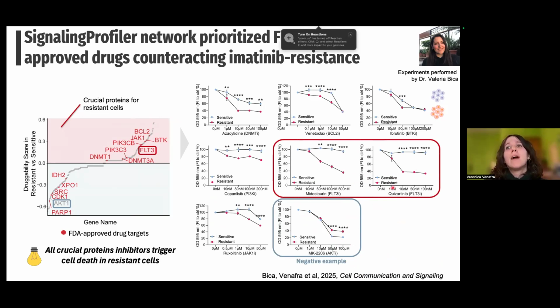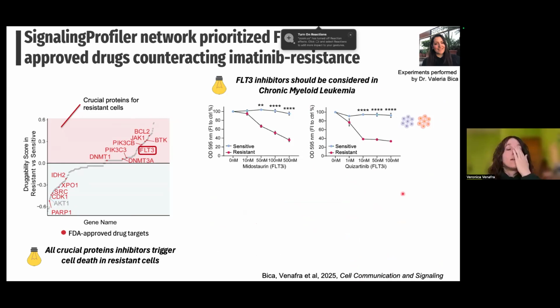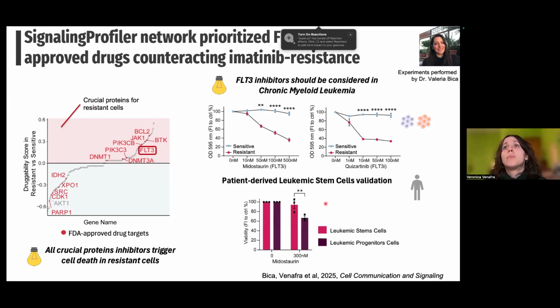So in our paper, we suggest that FLT3 inhibitors that are usually used in acute myeloid leukemia could be used in chronic myeloid leukemia. And we say this because we confirm this result also on patients' derived samples.